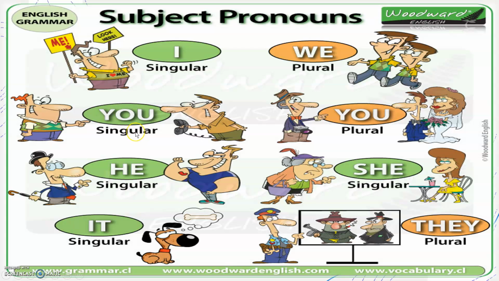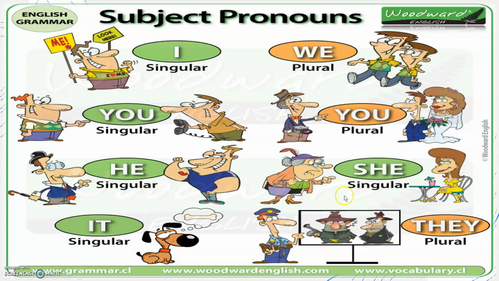For example, I am talking to you, in a context where I were talking face to face just to one person. He refers to a man, or just to one man. For example, he is Carlos, he is Kevin, he is Jordan.